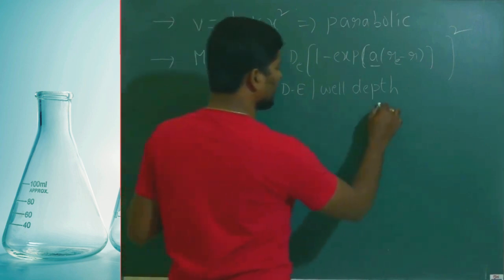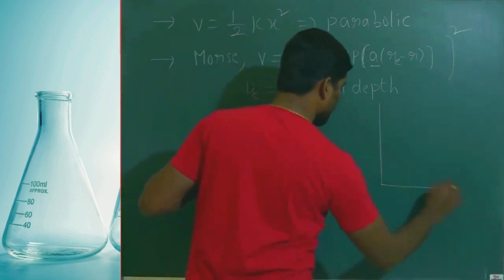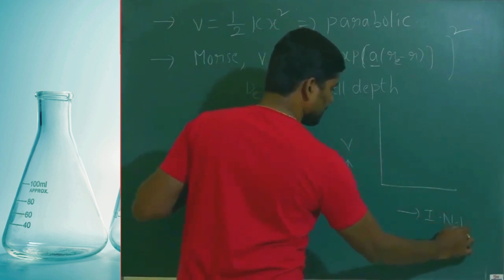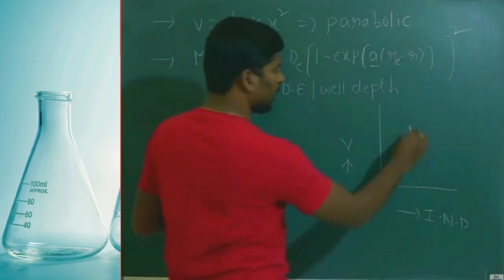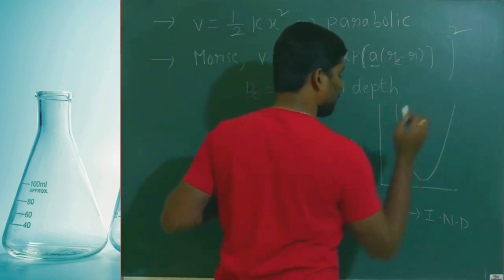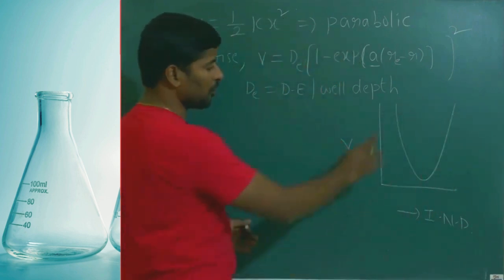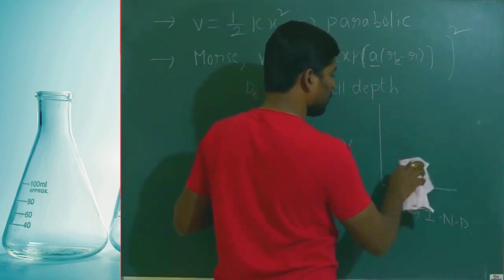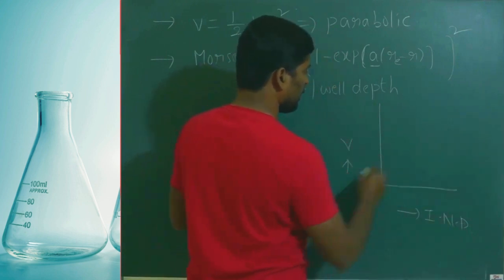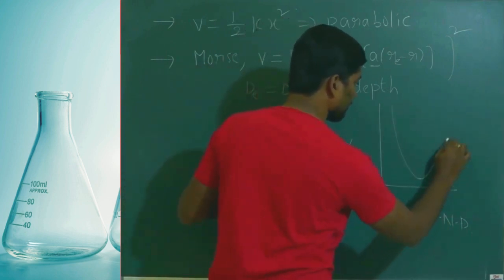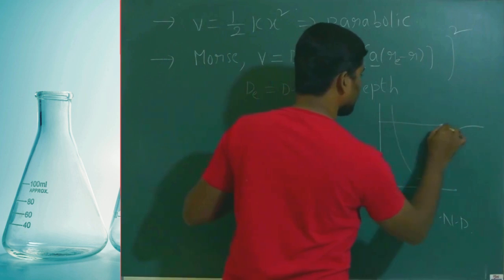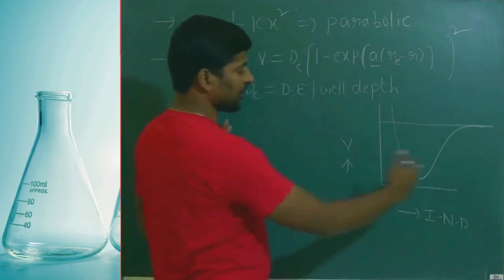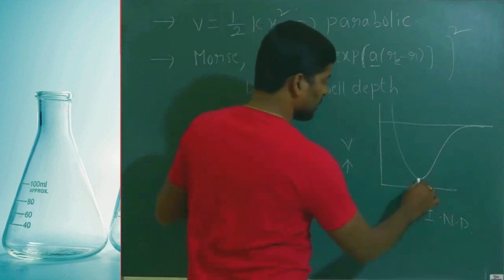So according to this equation, if you plot a graph between potential energy and internuclear distance, the distance between the two atoms, according to simple harmonic motion we will get a graph like this. Now by taking into consideration anharmonic motion, we will get a graph like this one. At a certain extent of extension of the internuclear distance, the bond gets broken.